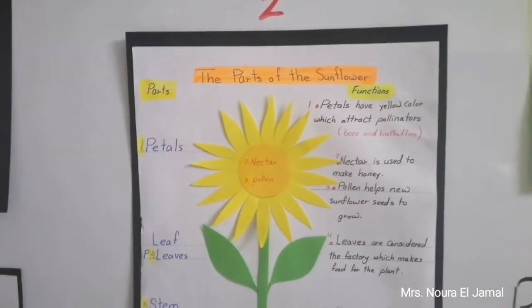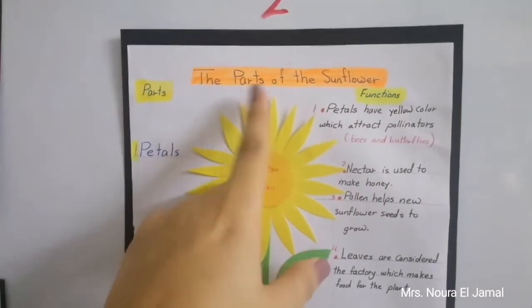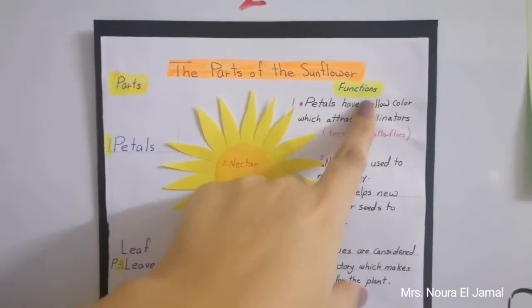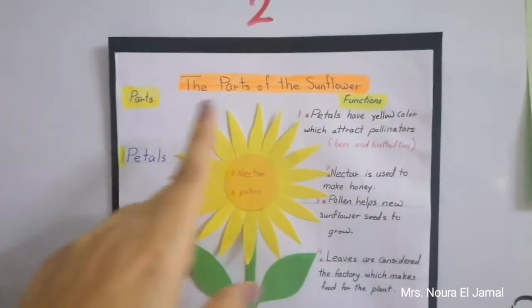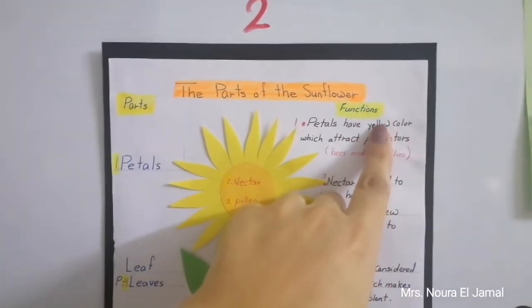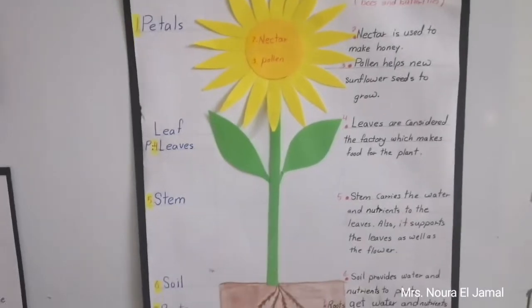The second part here talks about the parts of the sunflower and the functions also. What are the parts of the sunflower and what are their functions? I will see the parts from down.